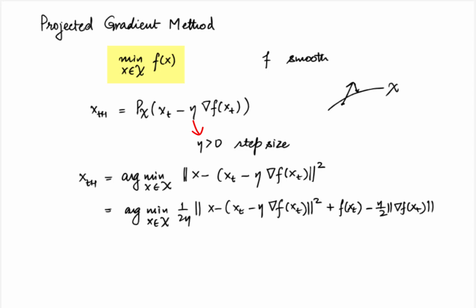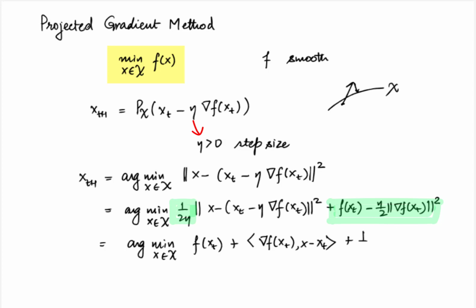The reason we have added these terms and scaled is that then we can expand and write the right hand side as argmin over x in calligraphic X f of x_t plus inner product of gradient f of x_t, x minus x_t, plus 1 by 2 eta norm square of x minus x_t.